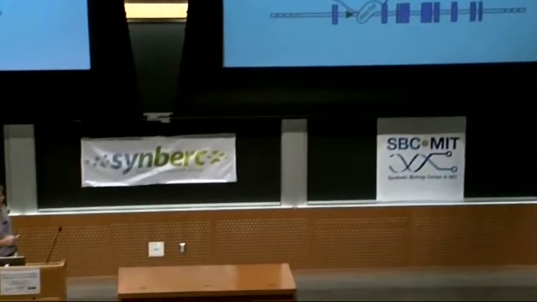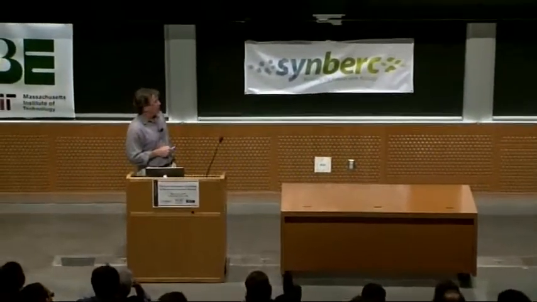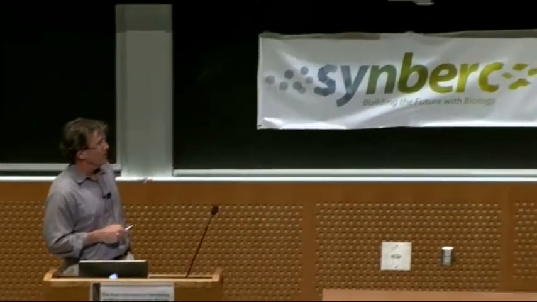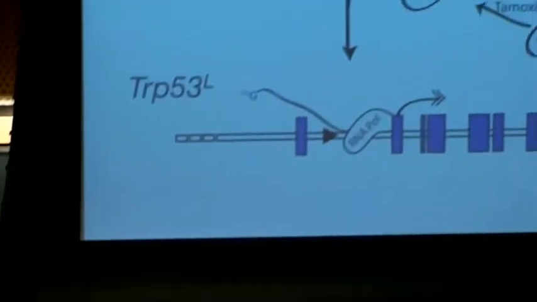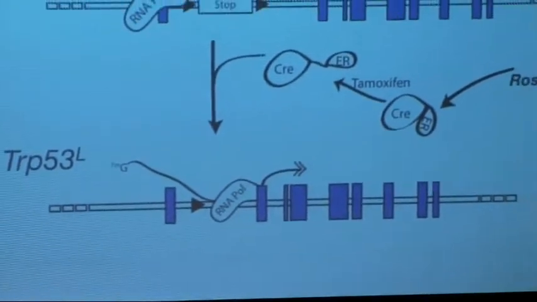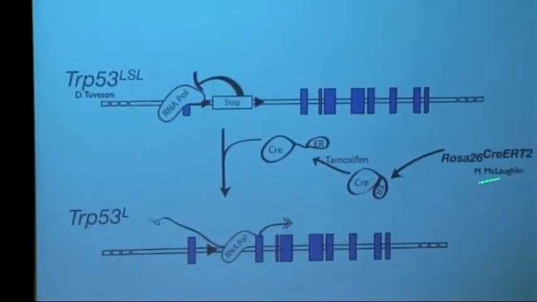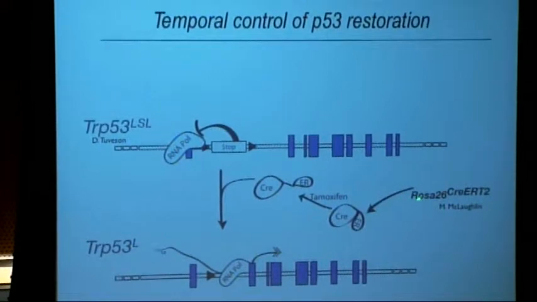We need Cre for that, and we want it to be activated in all of the cancer cells and actually other cells too. And so we built a Cre allele that's fused with the estrogen receptor and is therefore tamoxifen sensitive and is expressed from the ubiquitous ROSA26 promoter. So all the cells roughly in the animal express ROSA26 Cre-ERT2.